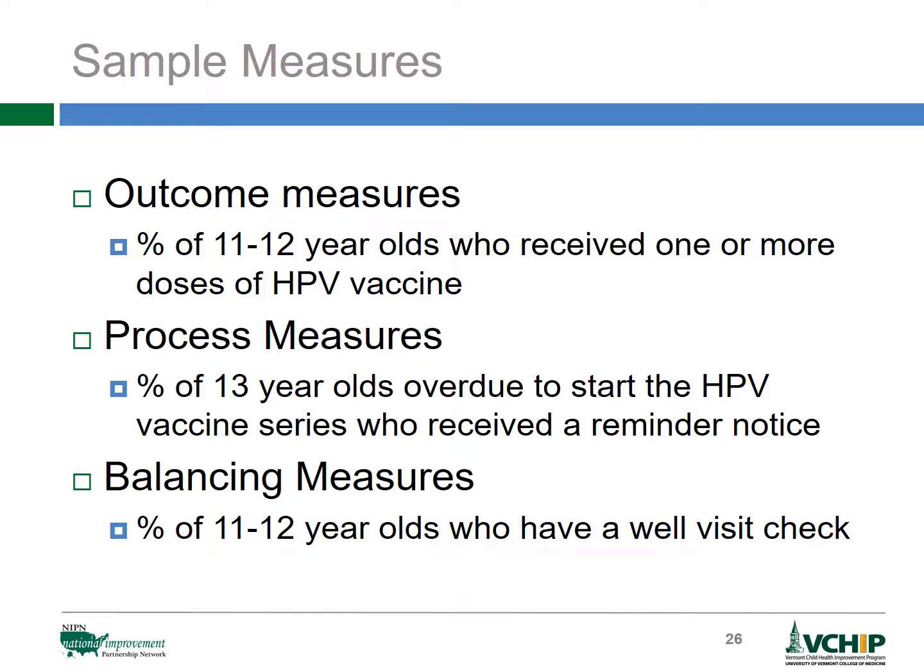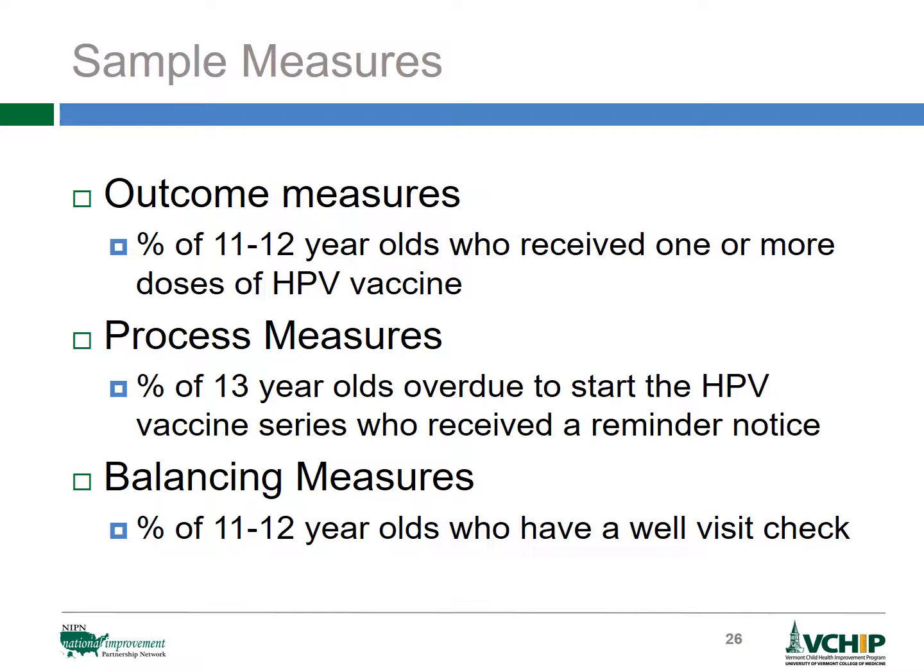And then finally, balancing measures. Say, for example, the site starts administering HPV vaccine at all types of visits, not just well visits, but also at acute visits, chronic care visits, etc. Well, many practices fear that doing that will result in the adolescent not coming in for a well visit check, because often receiving immunizations is an incentive for an adolescent to come into that well visit.